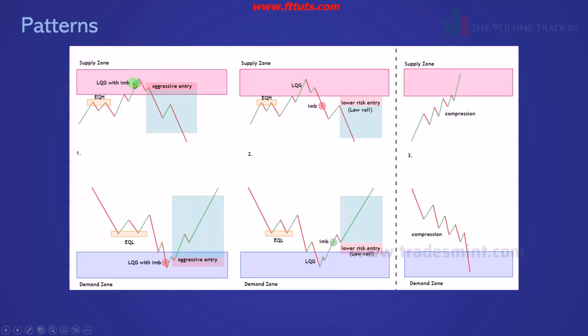So there are two types of entries: the aggressive and conservative. Aggressive is when we could see the break of the imbalance or high volume part of the candle, because that could mean that really the limit order got filled and aggressive sellers confirmed the intention.